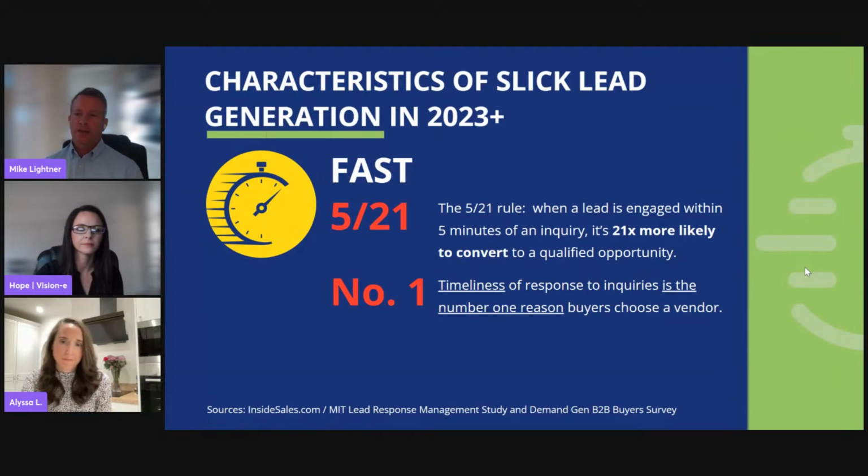Fast. The Inside Sales and MIT study had a lot of really interesting findings, and one of them is what we call the 5-21 rule. What they found was when a lead comes in, if you respond to that lead within 5 minutes, your chances of turning that into an opportunity are 21 times greater than people who responded just 6 minutes later.